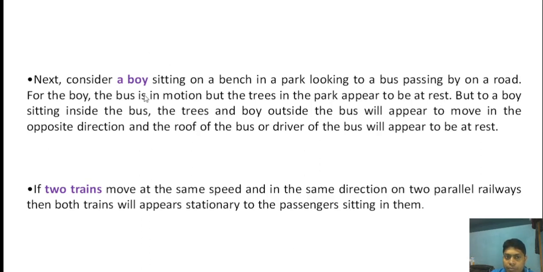But to a boy or girl sitting inside the bus, the trees and the boy outside the bus will appear to move in the opposite direction. And the roof of the bus and the driver of the bus will appear to be at rest. That means the same thing can happen simultaneously, at the same time.